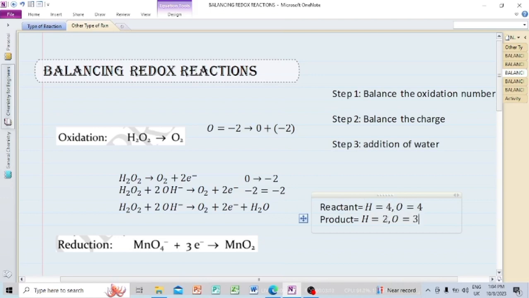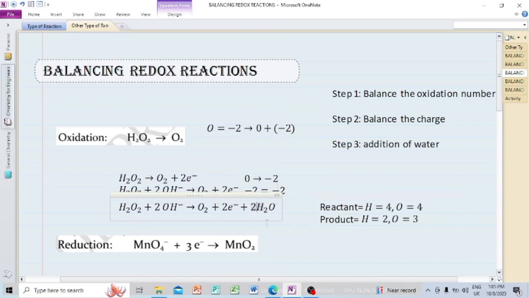So, we have 4 here, we have 2 sa product. So, for it to become balanced, mag-multiply tayo dito ng 2. Para maging 2 times 2 is 4. So, balance na sila. So, let's check. Here in the reactant side, meron tayong 2 plus 2 hydrogen. So, we have 4 hydrogen. Dun sa oxygen naman natin, we have 2 here.